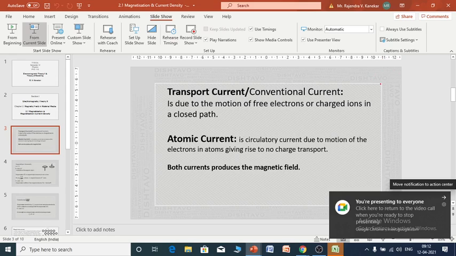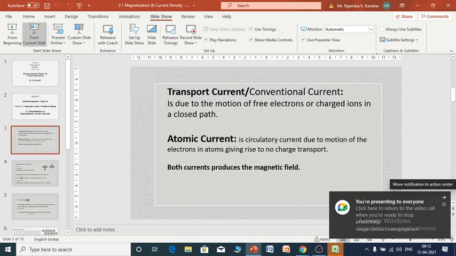Okay. So now what happens is, we know that in a given atom, different electrons are orbiting almost in the same plane, not exactly in the same plane, but almost. Suppose all the electrons are orbiting in the same direction, say all clockwise or all anti-clockwise, then the magnetic moment, being a vector quantity, will get added up.